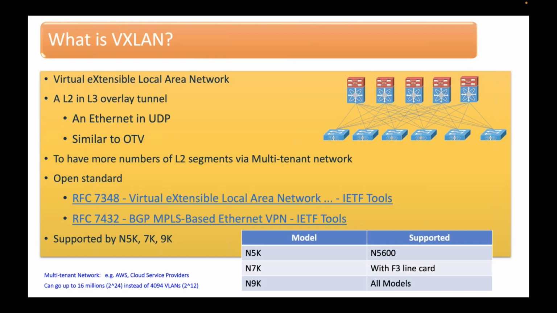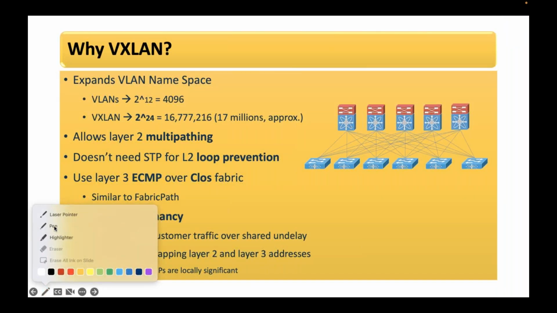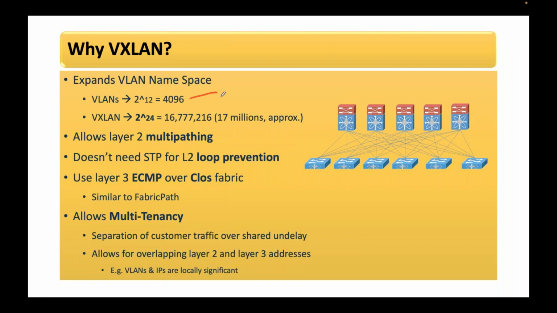What we are going to talk about, we are going to take a deep dive into VXLAN. As I said, in this particular journey we are going to learn a mapping between 4096 VLAN IDs and 16,777,216 VNs.